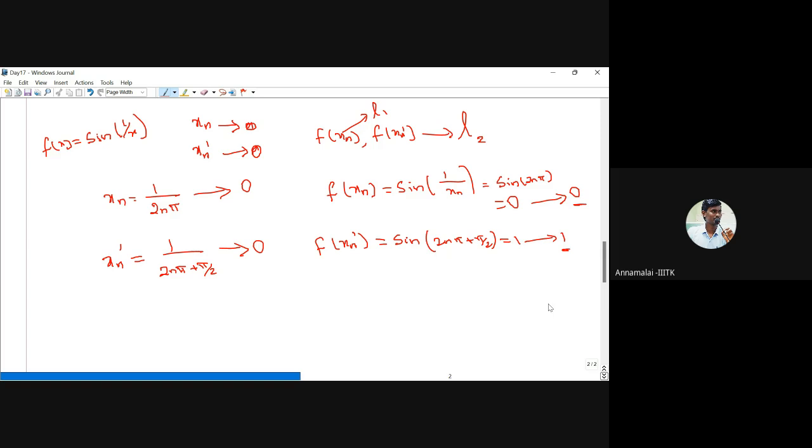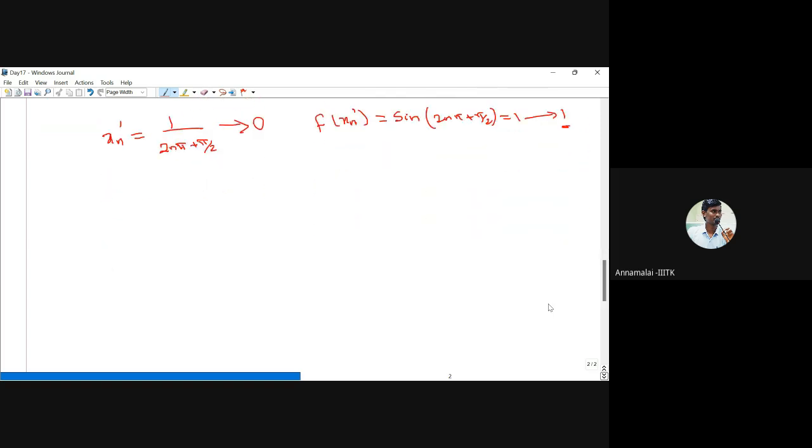Now, I mentioned continuity. Suppose the limit exists and the limit is f(a), then we say f is continuous. So the limit as x goes to a of f(x) equals f(a), where f is defined at a, then f is continuous at the point a.